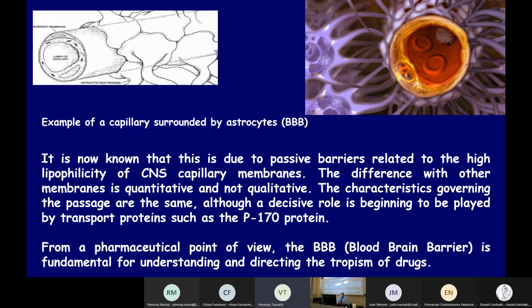And astrocytes are all around the capillary vessels, and so they represent an additional membrane able to defend our neurons. They are between the capillary vessel and neurons. They are in the middle, and so they can defend our neurons from polar compounds.